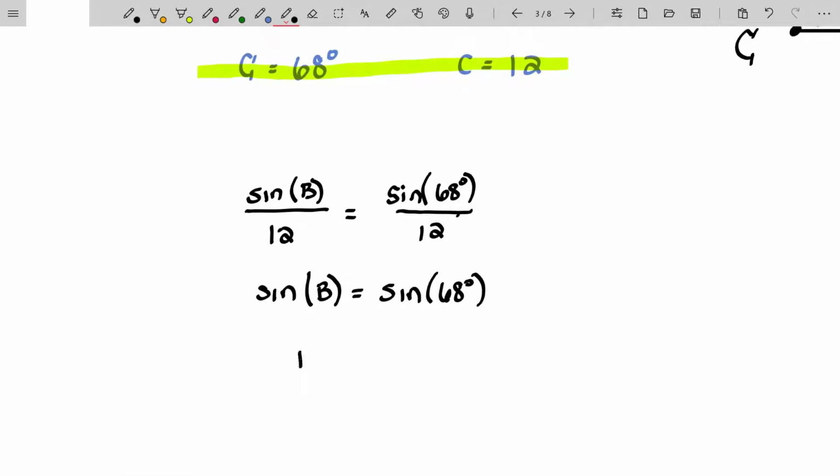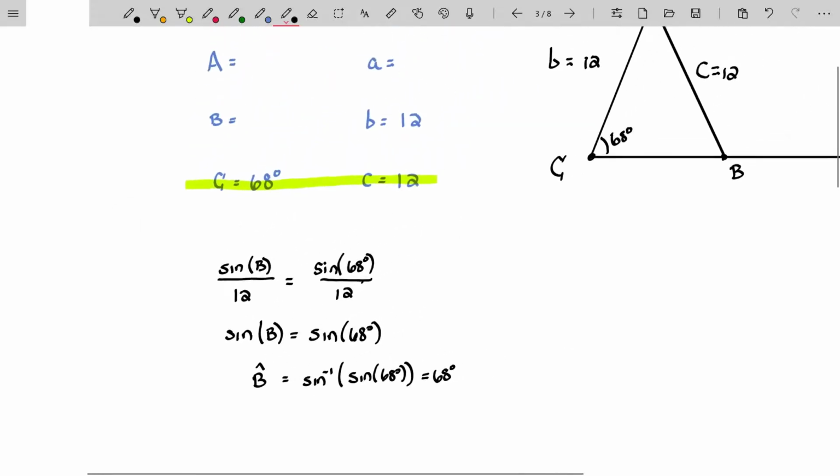And then take the sine inverse of both sides, and you would get that the reference angle, which is sine inverse of the sine of 68 degrees, which will actually be 68 degrees. The reference angle is 68 degrees.